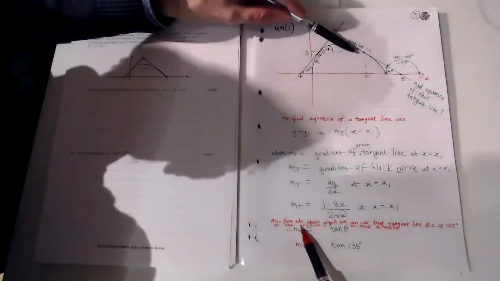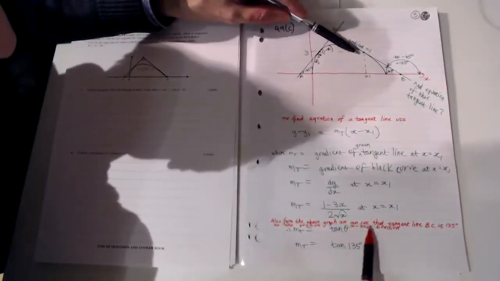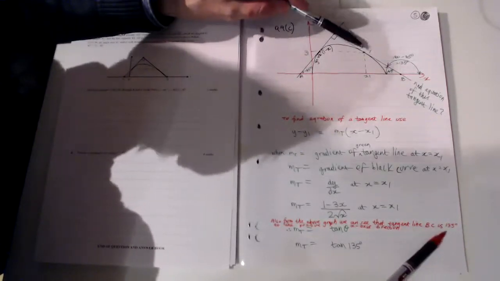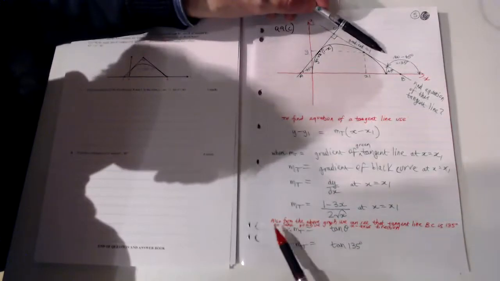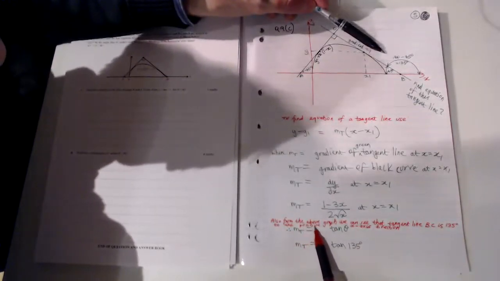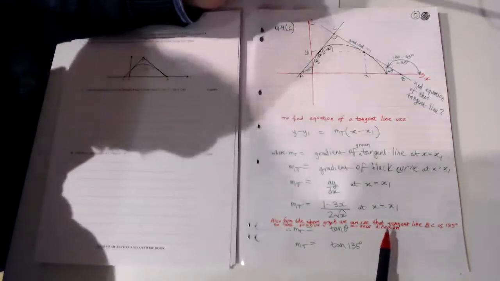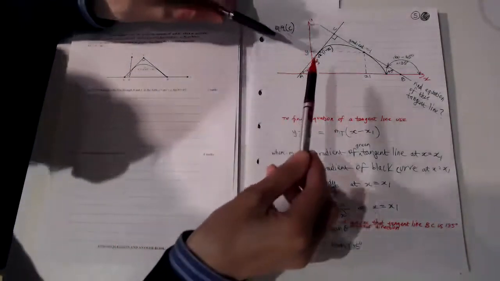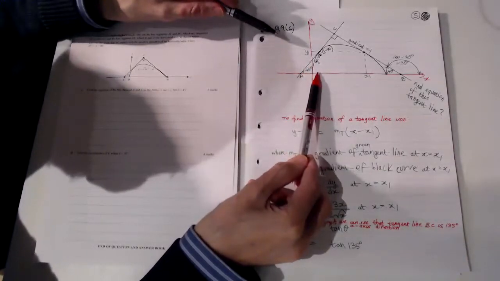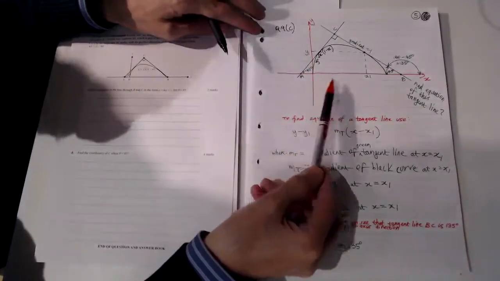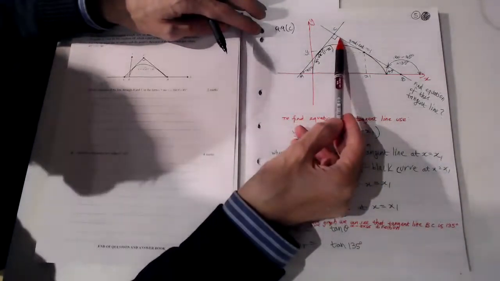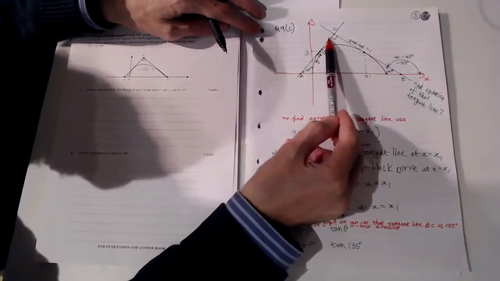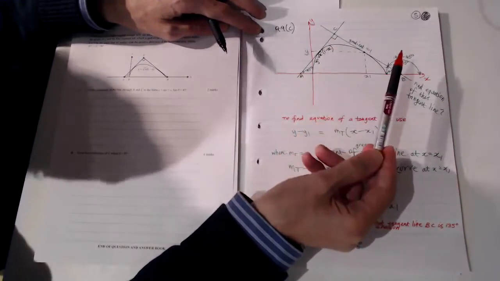Also, from the above graph, we can see that the green tangent line BC is 135 degrees to the positive x-axis direction. How so? In the question, they say very clearly that that angle there is 45 degrees, and that it's a right-angled triangle ABC, so that's 90 degrees.